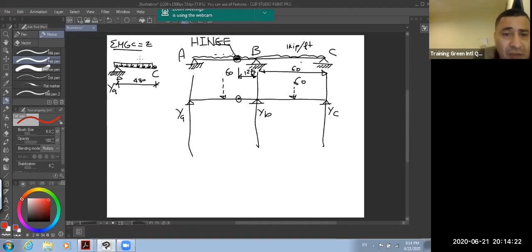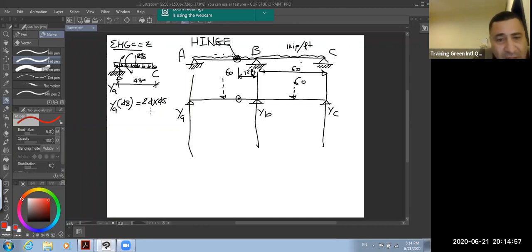Sigma moment at C equal 0 means YA multiplied by 48 equals the equivalent force: 1 multiplied by 48, times 24. One is positive, tension up, and the other is negative, tension down.